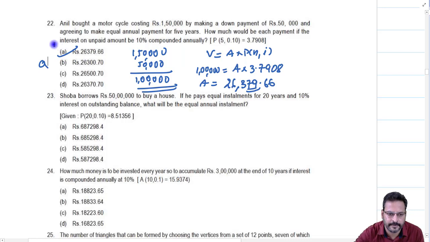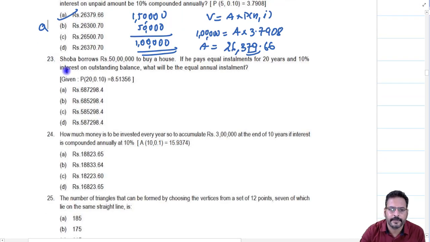Then the next question. S borrows rupees 50 lakhs to buy a house. If he pays equal installments for 20 years at 10% interest on outstanding balance, what will be the equal annual installment? So he receives 50 lakhs today.